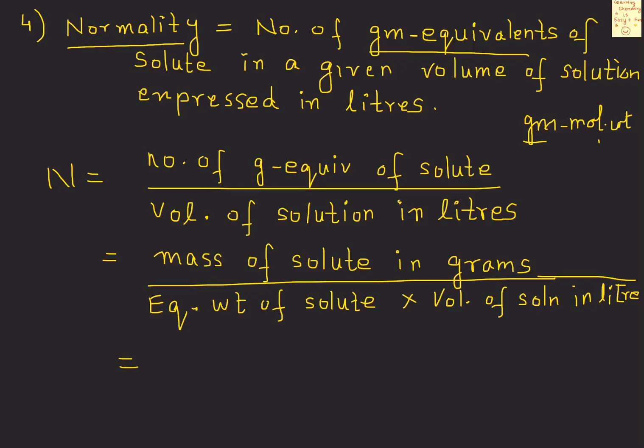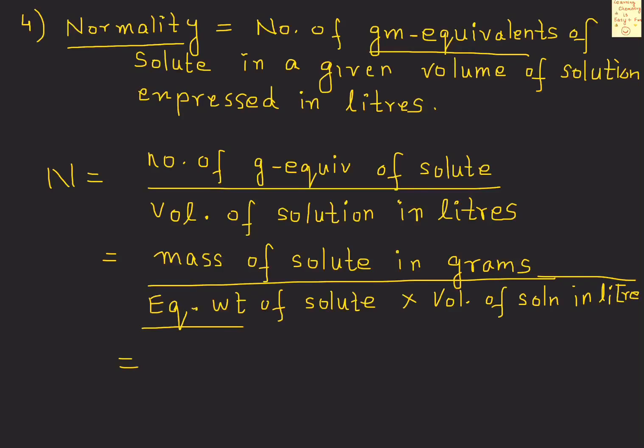When we say gram equivalent weight, that means the weight of the substance divided by its equivalent weight. Now, this is a very new term for you. Don't take tension about it, just stay relaxed. We will do it later on in the video.